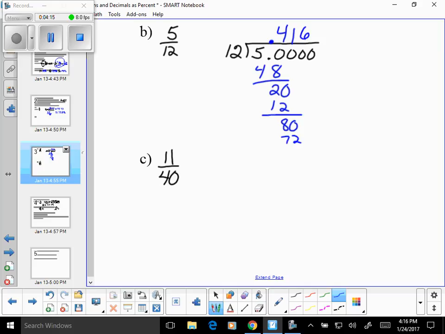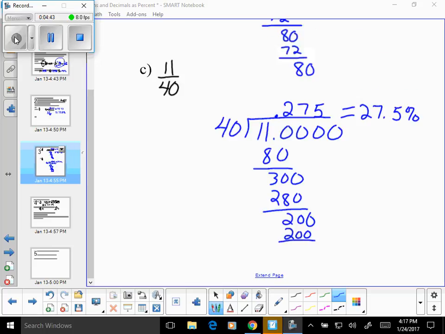That's going to make 72. When I subtract, I get that 8. Bring down the 0. I'm at 80 again, so I know this is going to be 6 in the quotient. Shift my decimal point, 41.66. Now round it off, 41.7%.